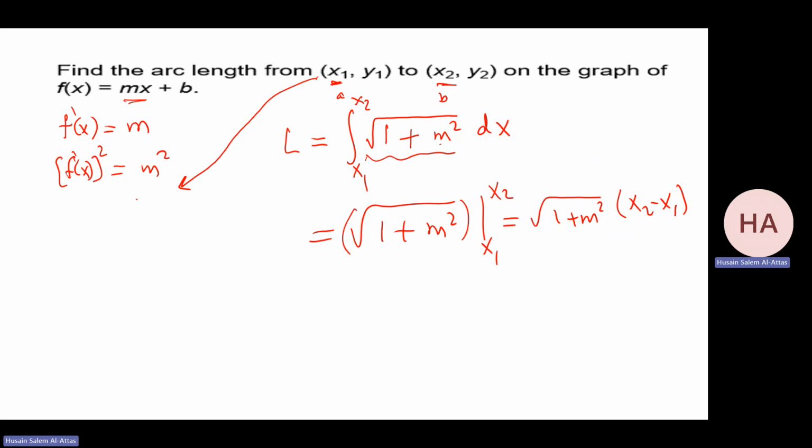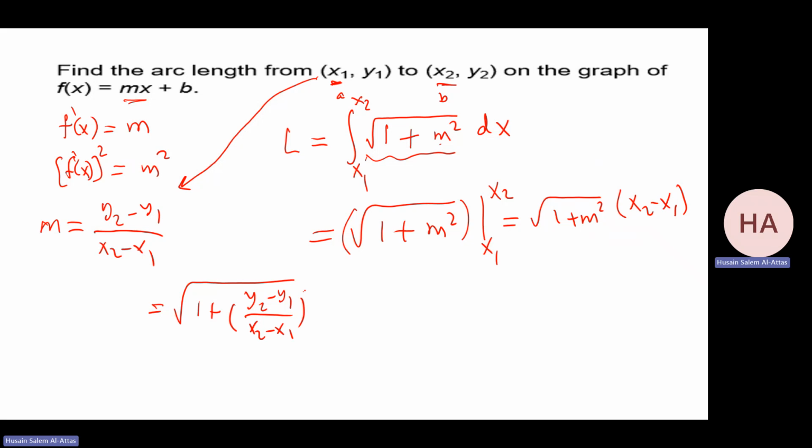By the way, what is m in this case? m is y2 minus y1 over x2 minus x1. So I plug it here. I have the square root of 1 plus (y2 minus y1 over x2 minus x1) squared, times x2 minus x1.